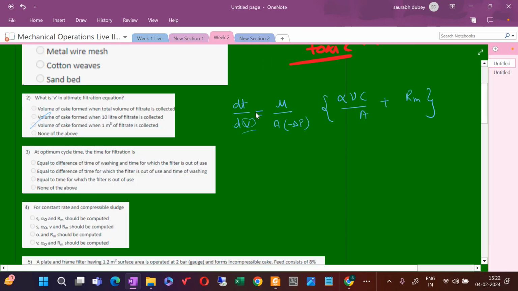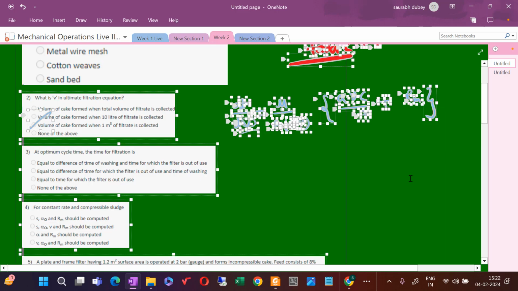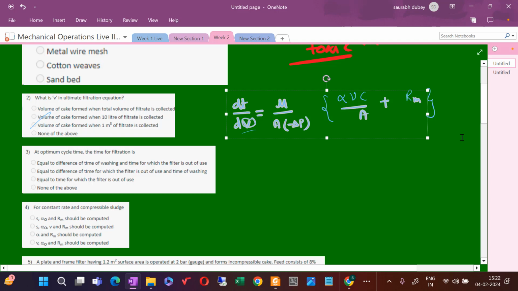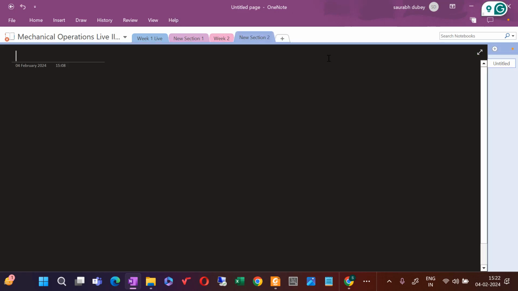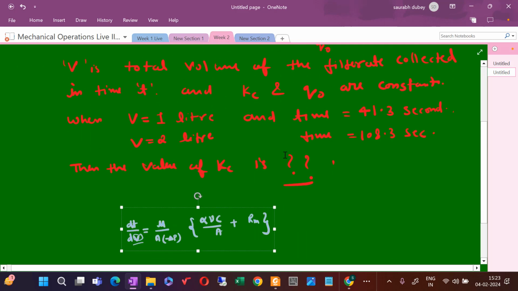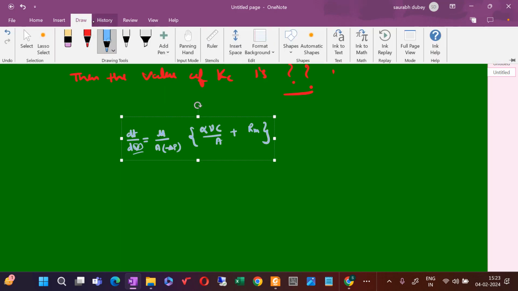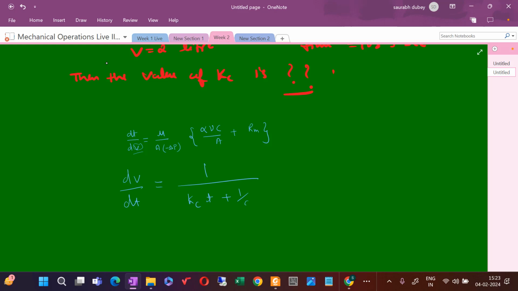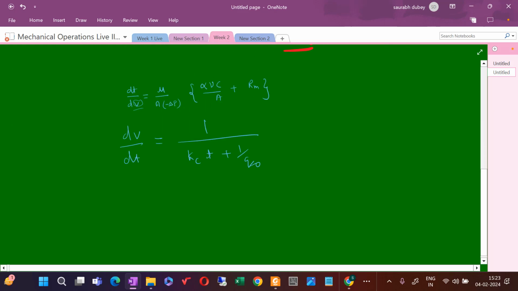When you rearrange this equation, you are going to get an equation of the form dV by dt equals 1 upon (Kc V plus 1 by Q0).